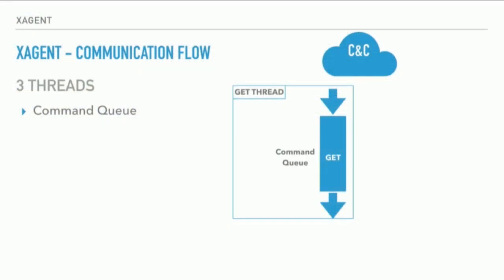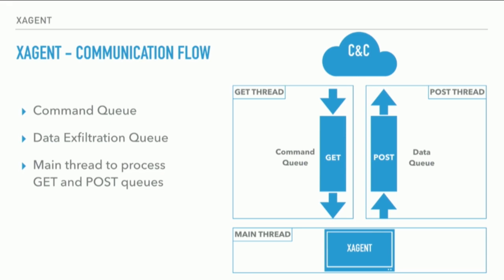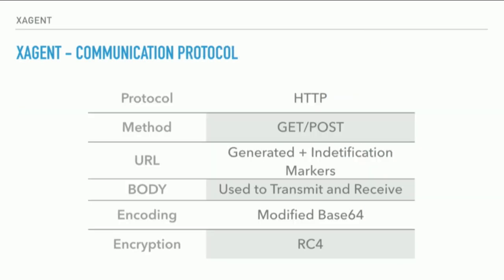The communication process between XAgent and the CNC server consists of three main threads. A get thread is used to get commands from the server and insert them in the command queue. A post thread is used to get data from the data exfiltration queue and send it to the CNC server. And a main thread will execute those commands and then insert the results in the data exfiltration queue.